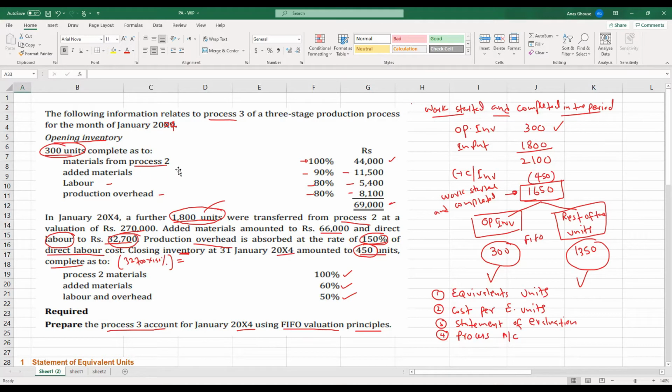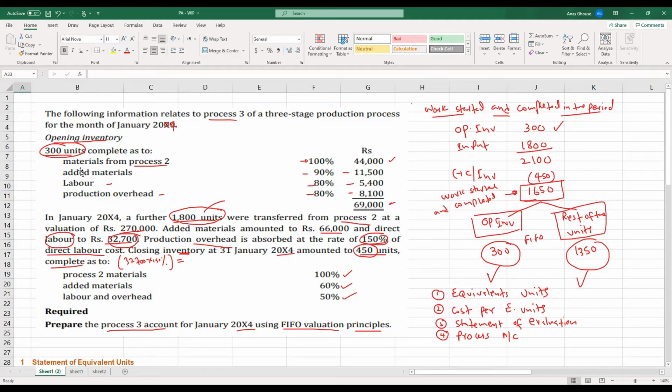Can we consider 100% completion in process 3 as well? No, you can't do that. Since this material is complete in process 2, in process 3 you can't take any percentages. We need to identify the remaining percentages to be completed.